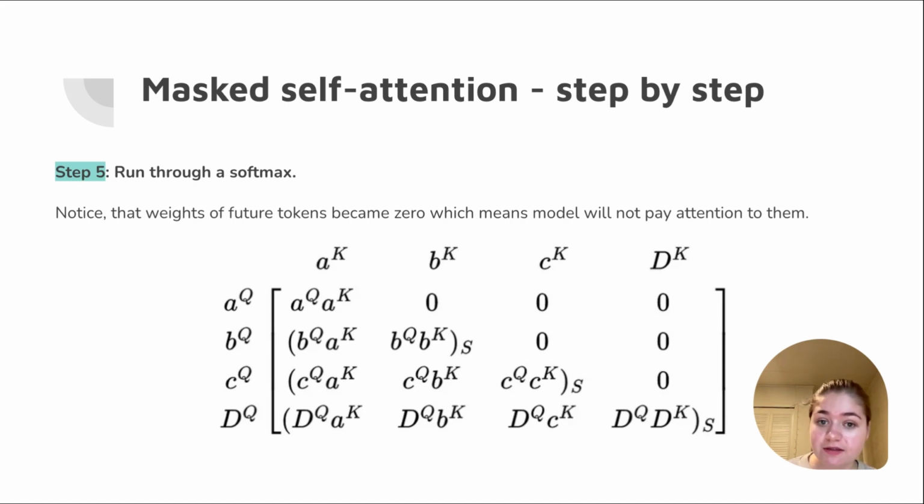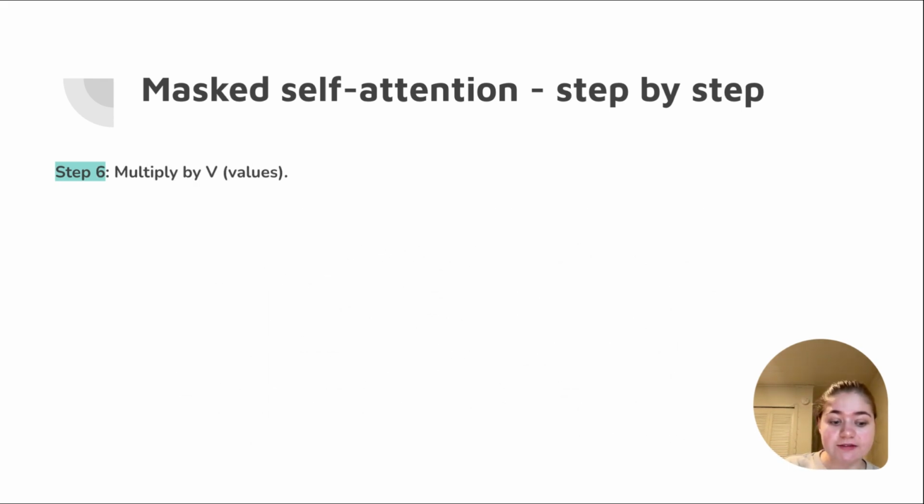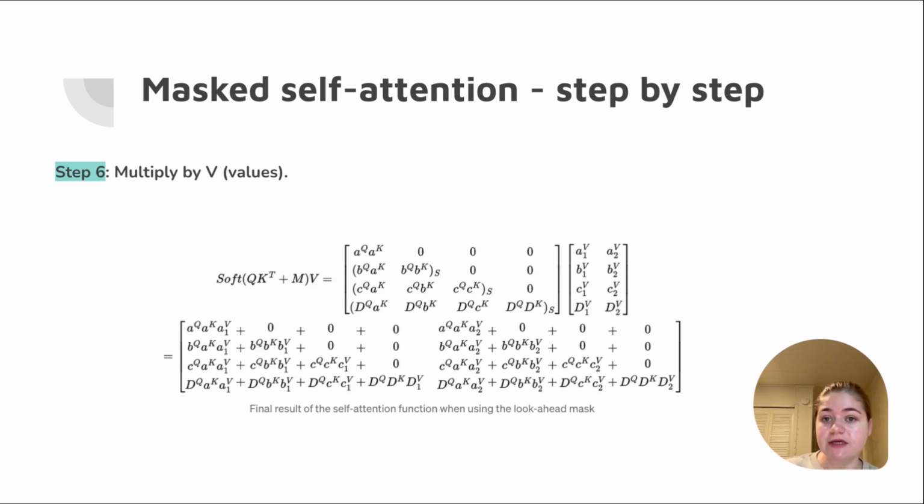What this means is that when the model decides, for this particular word, how much should I pay attention to a particular previous word, those that are zeros, the model will not be using them at all. And so we achieve our goal, basically. Once we got this, we do a final step where we multiply the result by the values, and we receive our final matrix.